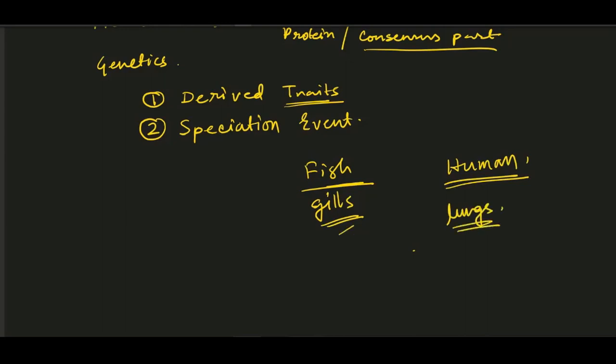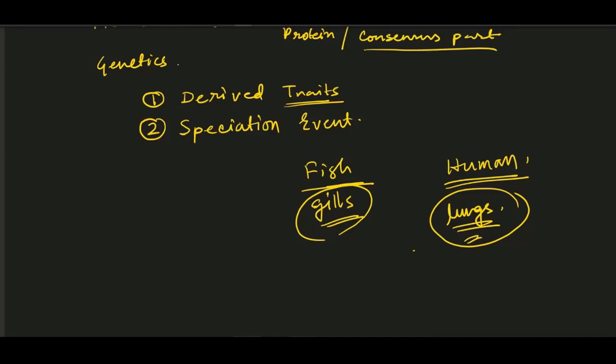So these two things are called traits, and when human evolved from the fish, the human derived or acquired the lungs. So this is called the derived traits, and derived traits lead to speciation. Like we acquired lungs, that's why we got differentiated from the fish.